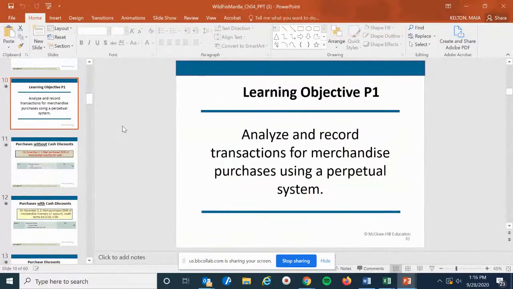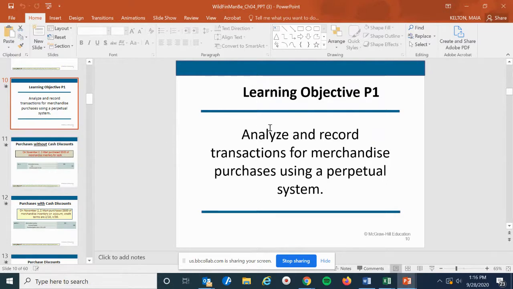So let's look at the operating cycle of a merchandiser. We'll start with analyzing and recording transactions for merchandise purchases. Remember what we talked about a few minutes ago, a merchandiser would always start by procuring inventory and debiting it in their inventory account, physically storing it somewhere, whether that somewhere is the warehouse or the store, and then selling it to their customers.